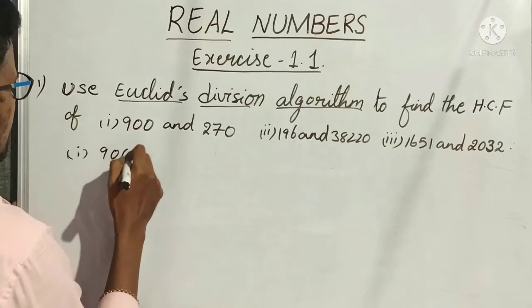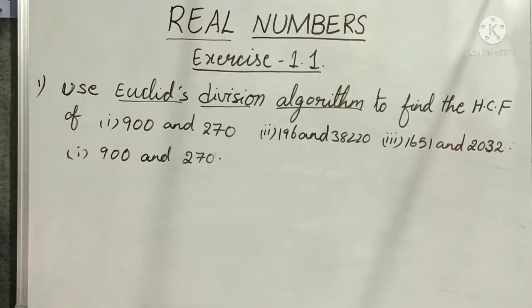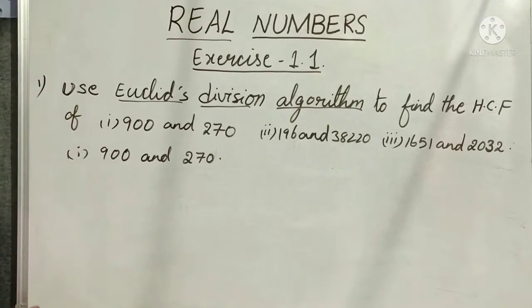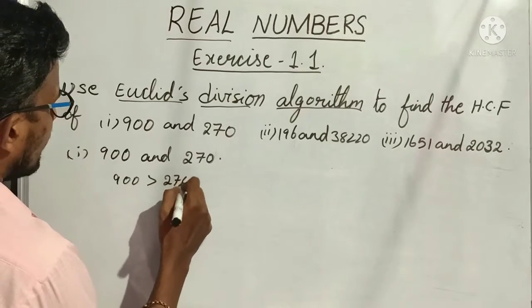What are the numbers here? 900 and 270. Always A will be greater than B, and 900 is greater than 270.